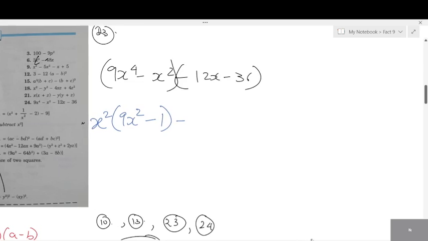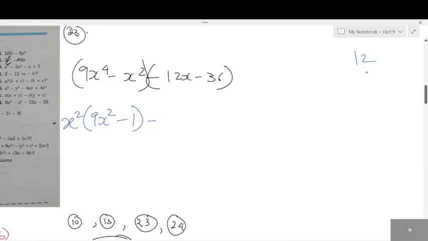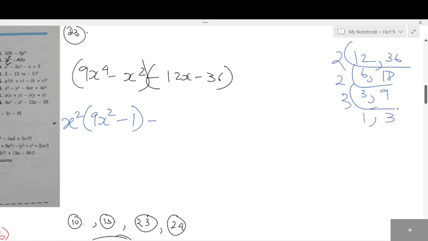Factorize 12 and 36. Factorize this. 2 6s are 12, 2 18s are 36. 2 3s are 6, 2 9s are 18, 3 1s are 3, 3 3s are 9.